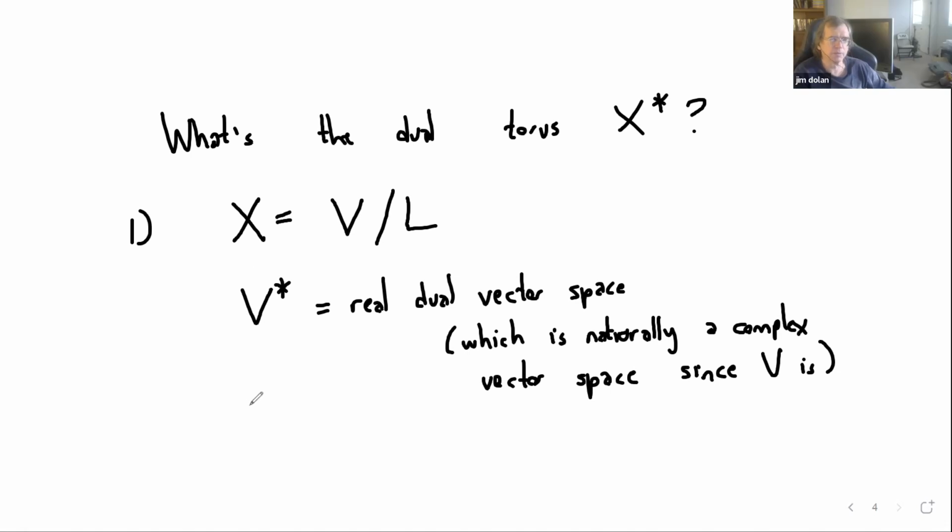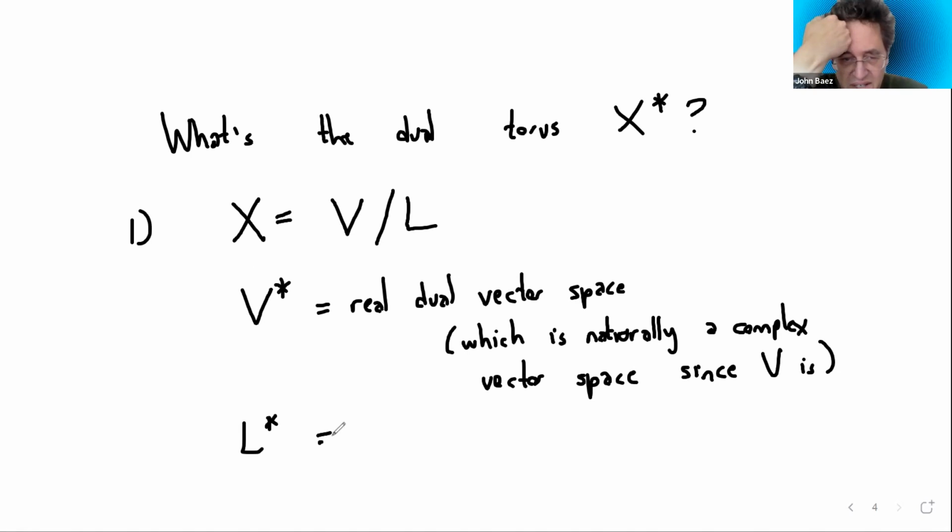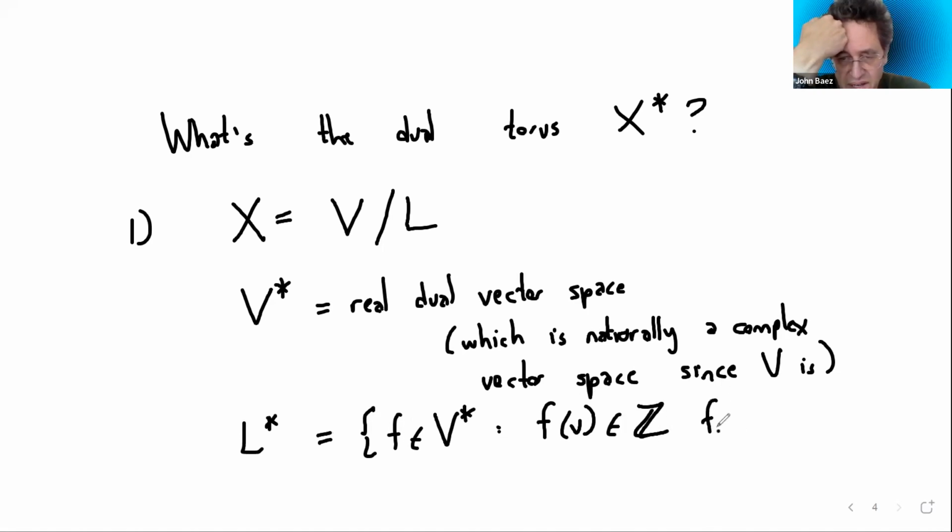Okay, so that's that, and then there's this thing. This star is getting used in tons of completely different ways here. So this is the guys in the dual vector space such that when you apply them to vectors in the lattice, you get integers.